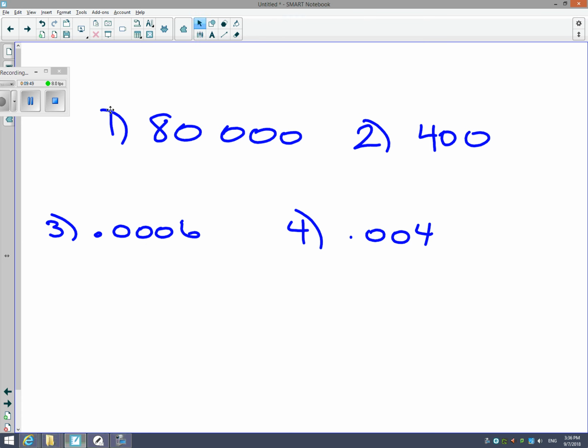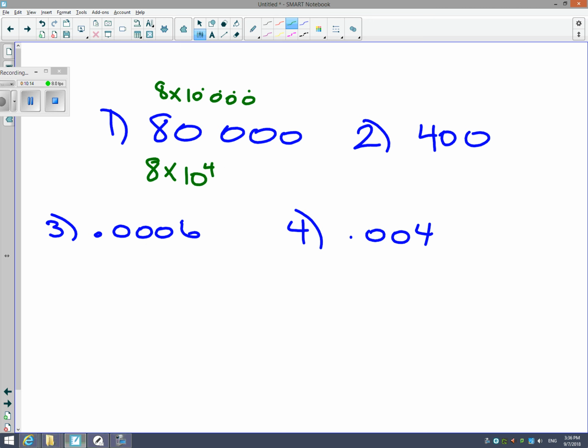We practiced these for about 20 minutes today, and people were starting to get them. But 80,000 is 8 times 10,000. And 10,000, if I write it above you just so you can see it, we know that 10,000 written as a base 10 is 10. And then if you remember our trick and just count the zeros, it's 10 to the exponent 4.